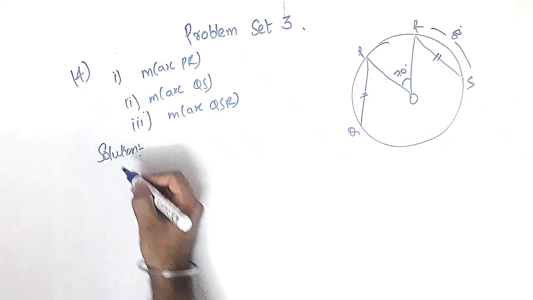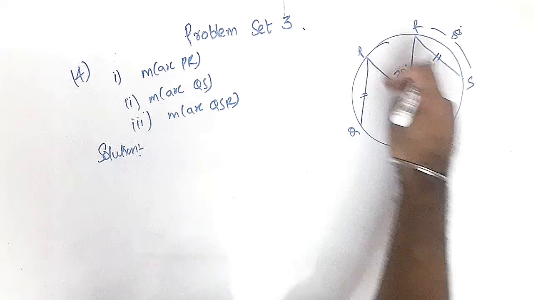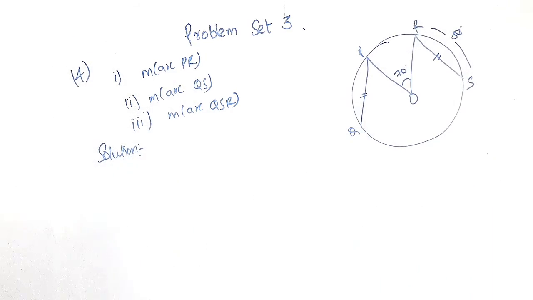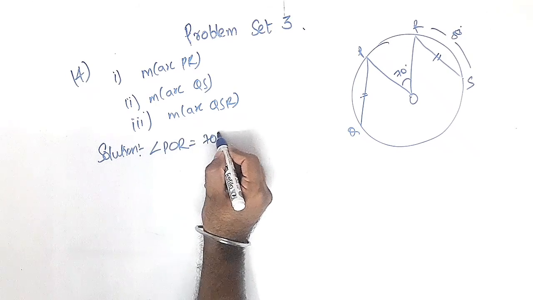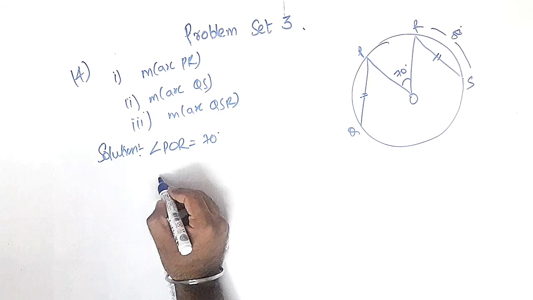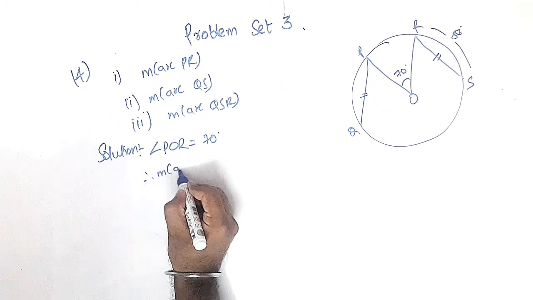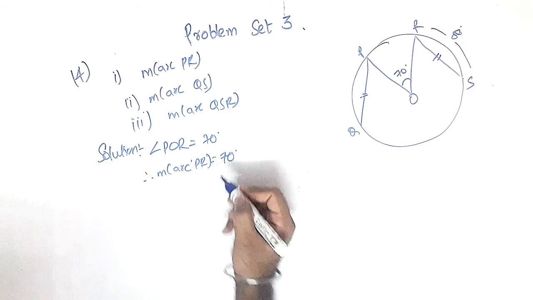PR is nothing but the central angle given. So I'll write angle POR equals 70 degrees. Therefore measure arc PR is also equal to 70 degrees.